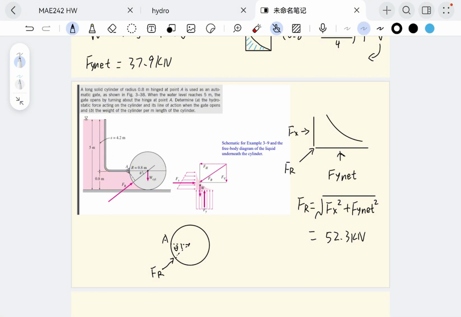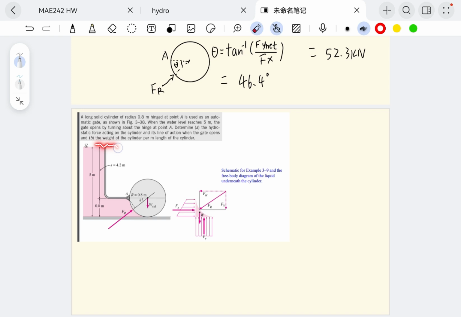So theta will be simply solved by tangent of Fy net divided by Fx. And we have theta equal to 46.4 degrees.